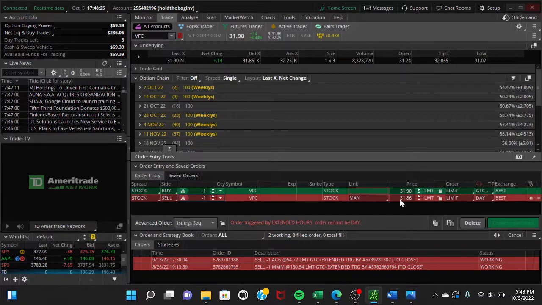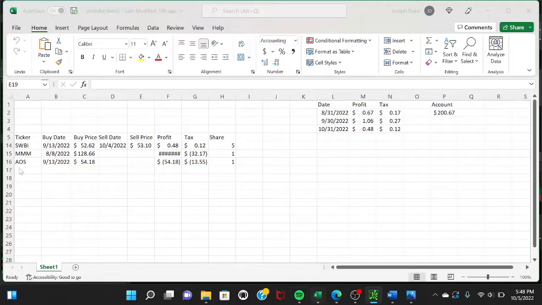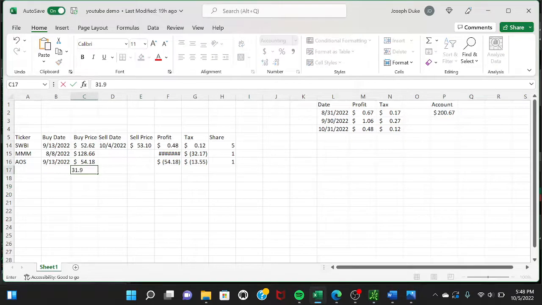Because it worked for me today. So what's our sell price going to be off of 31.90? Got it? Counting on you. I haven't got it yet. Which one is this?